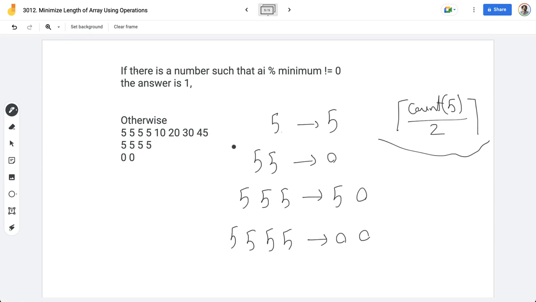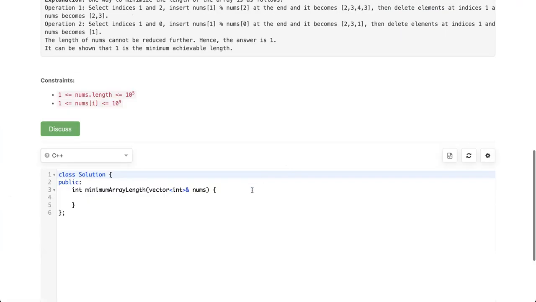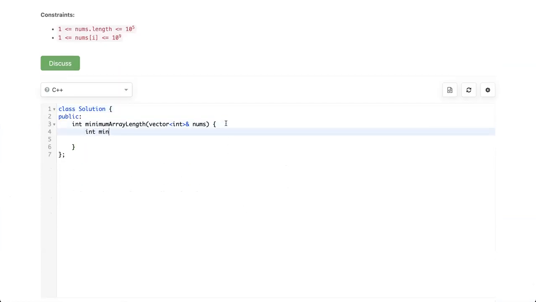The code is going to be very precise. What we need to do is, all the other numbers don't matter, as we said, so only the minimum matters. So we should find the minimum and count the minimum. So here it's going to be int min_value, which is the min element of nums.begin to nums.end, so it's going to be a star of this.